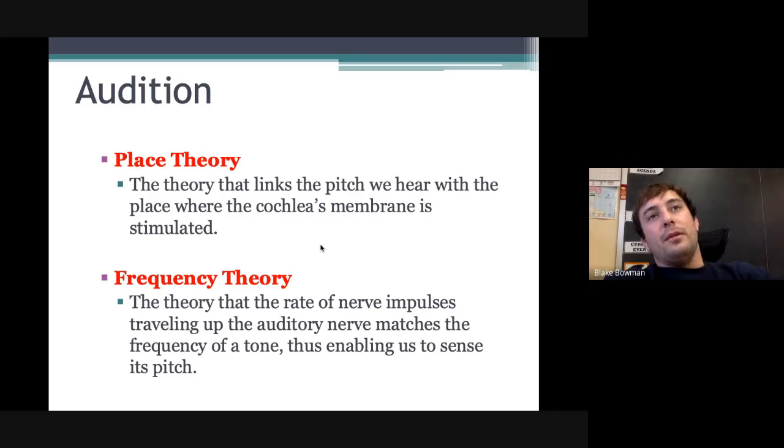But another issue with the frequency theory is the rate of fire. Let's say sound travels at different speeds depending on what it is. With the frequency theory, if this was faster than 1,000th of a second, we won't be able to detect it.